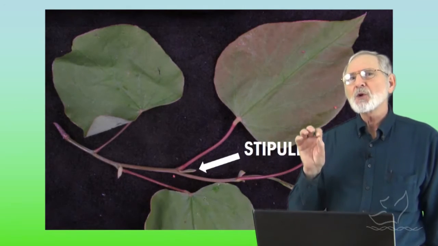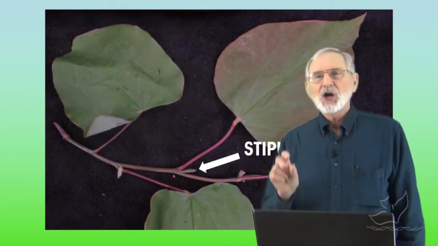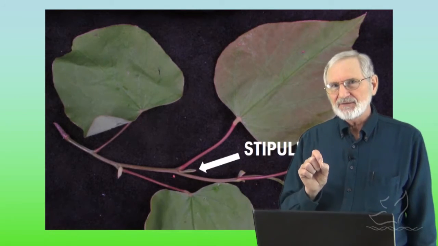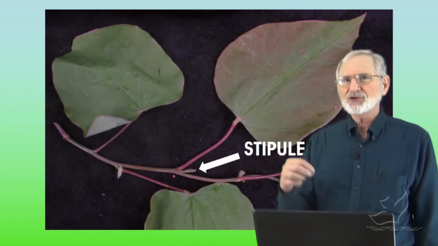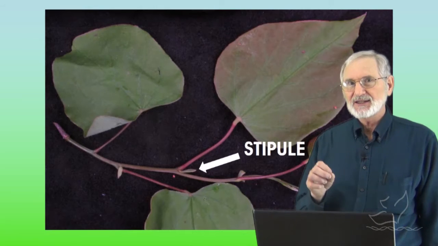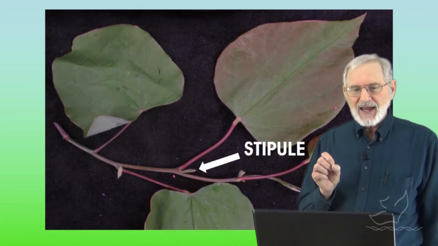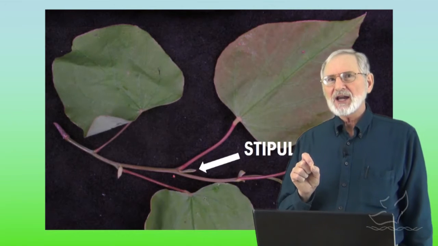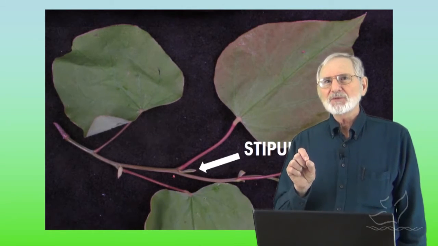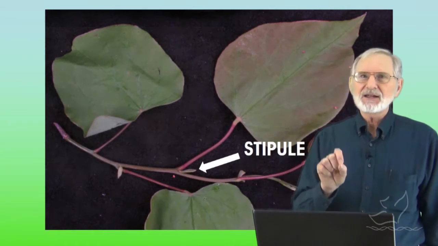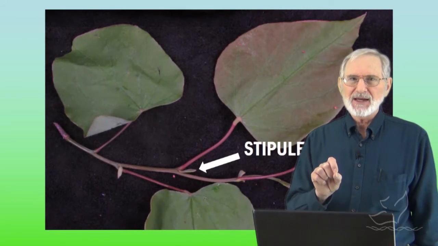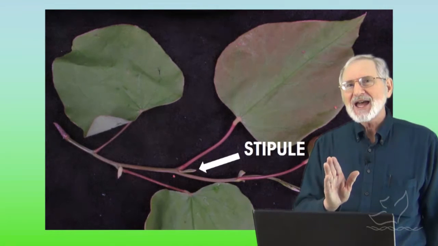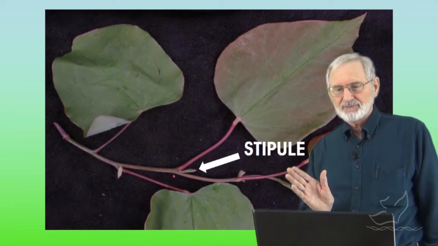So to determine what really is a leaf, what you need to do is look at the base of the leaf, that is where the petiole attaches, or where the blade attaches to the stem, and see if there is a bud or a branch that forms in the angle between the leaf base, say the petiole, and the stem.